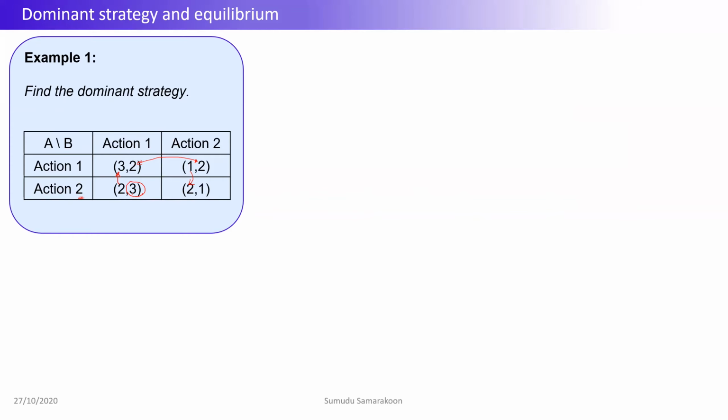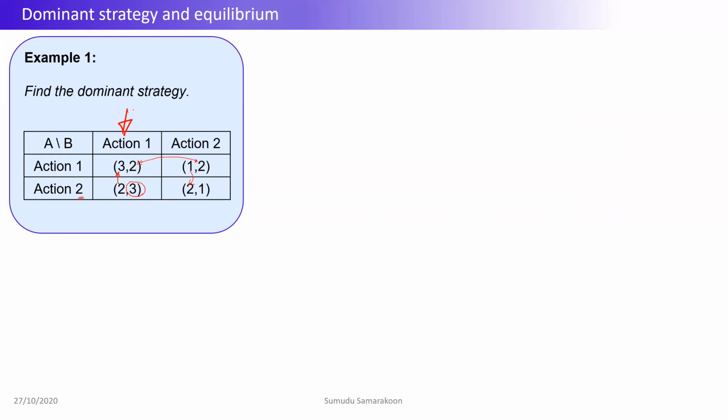So since this has a weakly dominating aspect, and here action 1 strictly dominates action 2, we prefer to stick here because whatever A plays, he gets either 2 or 3, nothing less than that.